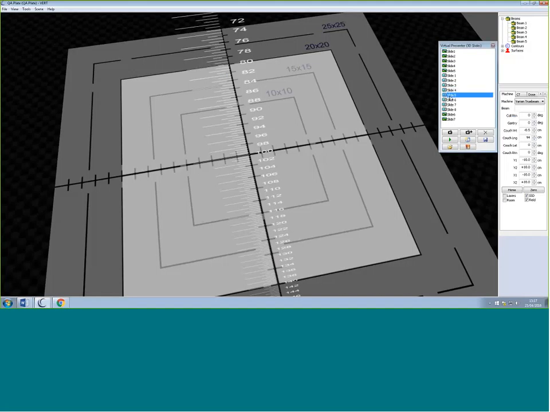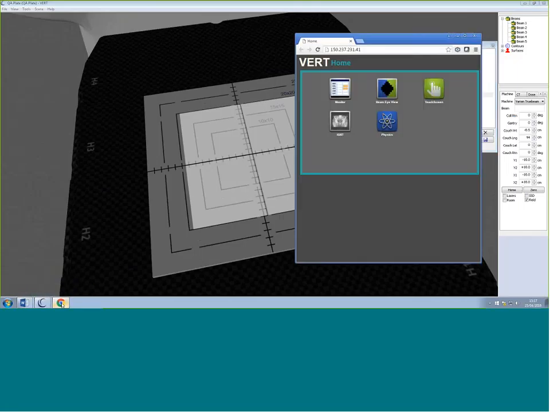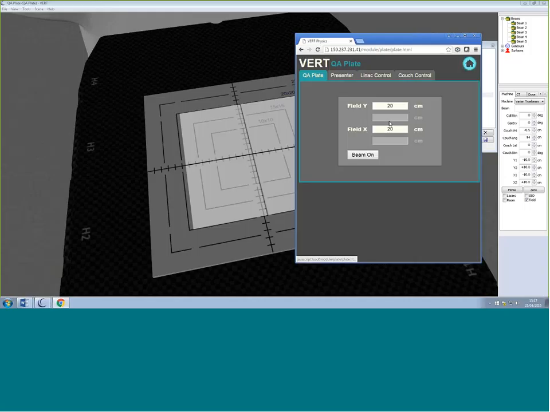We can go through and click on the different slides, and the same way that they would do in VERT themselves, we can allow them to beam on so that they can actually see in practice and visualize what would happen in the clinical environment compared to what we are simulating here for them in VERT physics.